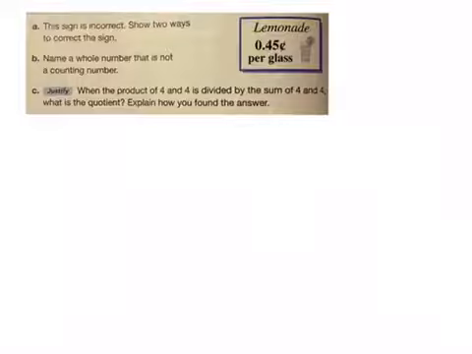So let's try some of these. It says, this sign is incorrect. Show 2 ways to correct the sign. Notice that the decimal is here, 0.45, but then it says cents. So there are 2 different ways we could correct this. One of them would be to say it is $0.45, which would mean 45 cents.